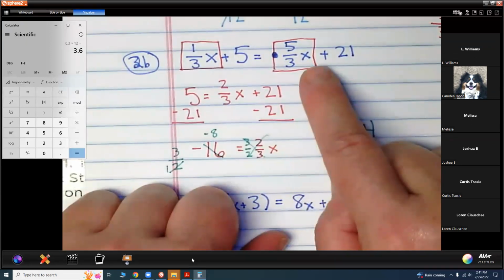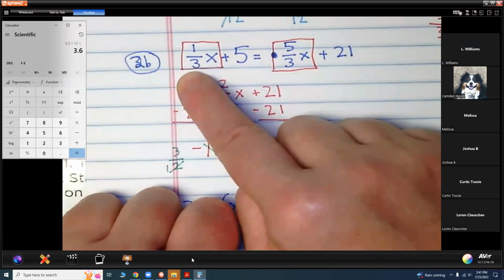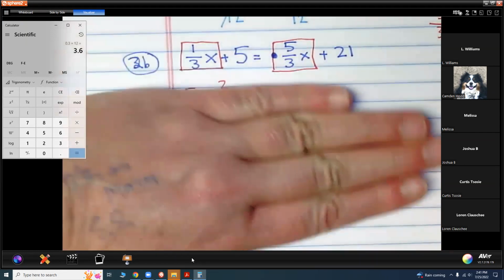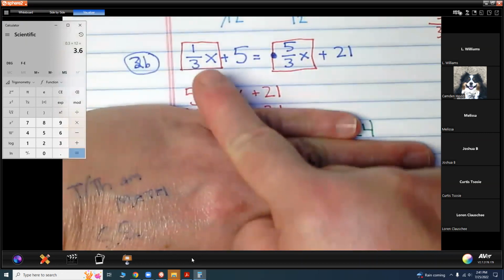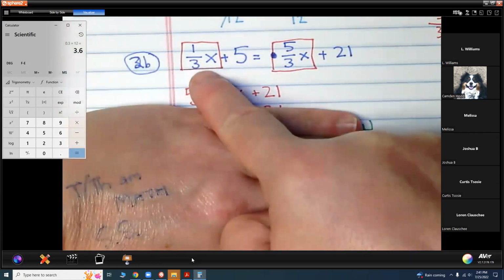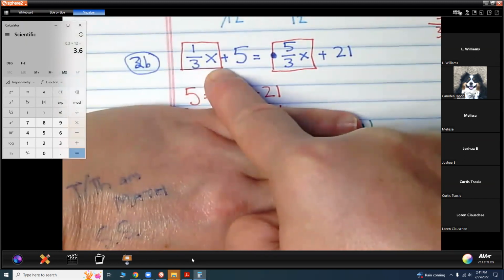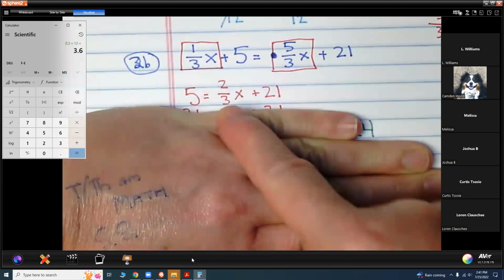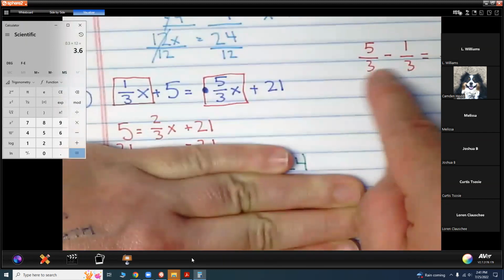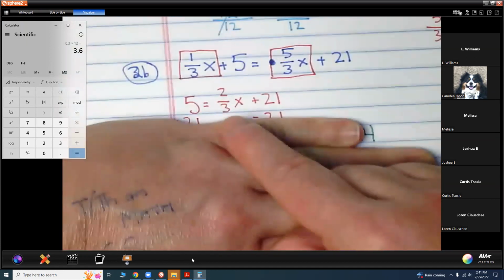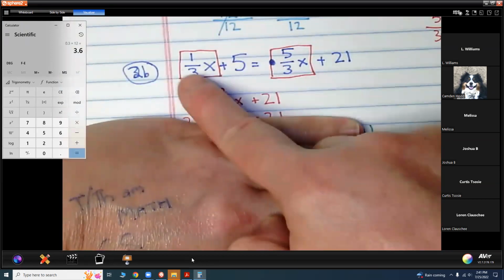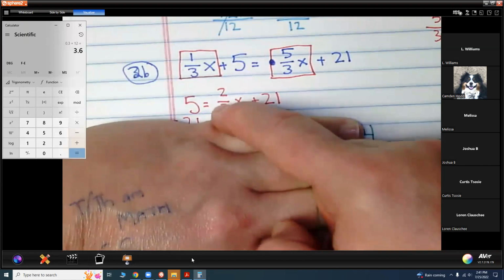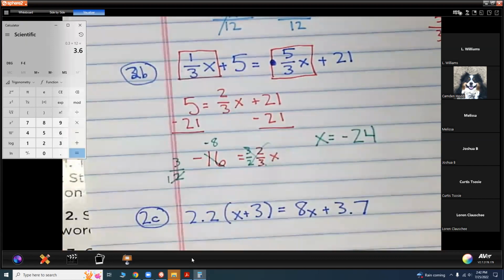So what I did here was subtract 1/3 x from both sides of the equation. If I have 1/3 x minus 1/3 x, that's 0, so I just have my 5 left over on this side. 5/3 minus 1/3 gives me 2/3. So when I combine 5/3 x minus 1/3 x, I'm left with 2/3.